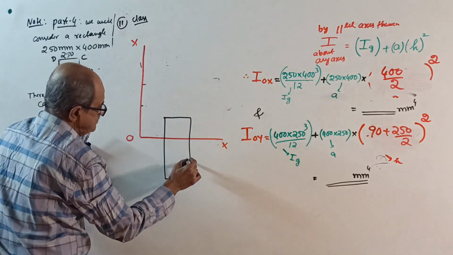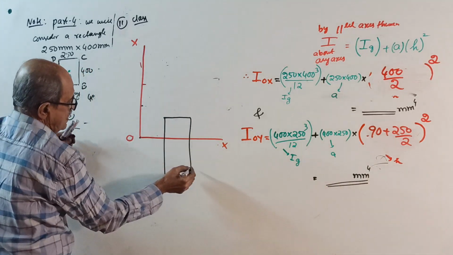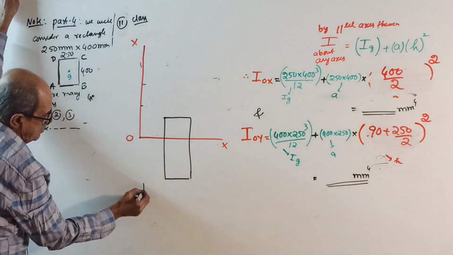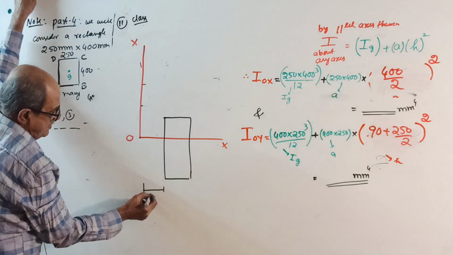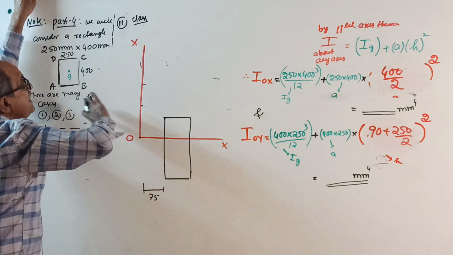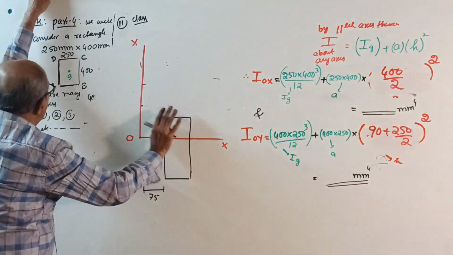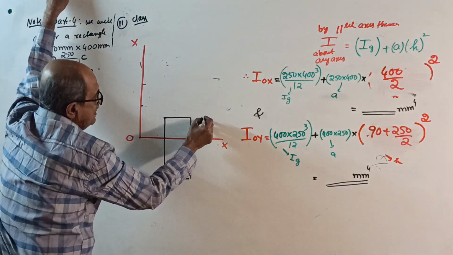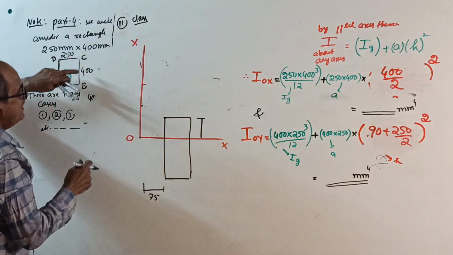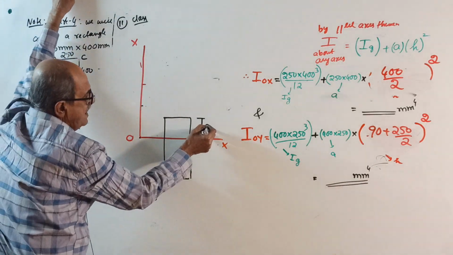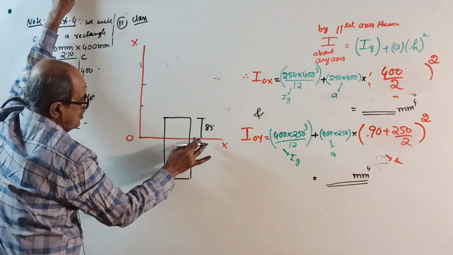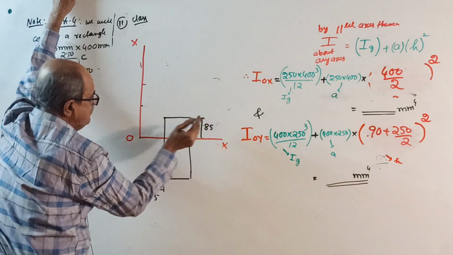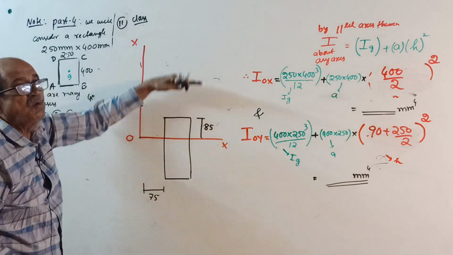This is O. The rectangle is placed to the right side at 75 mm to the right of OY, and of the 400 depth, say 85 mm of the depth of the rectangle is above OX.